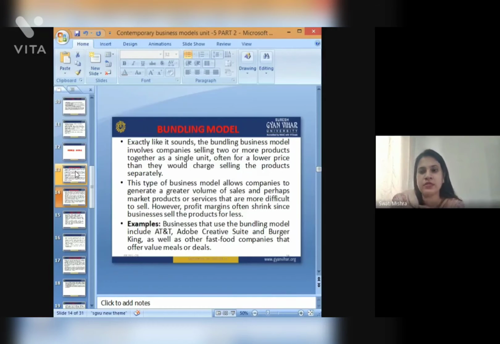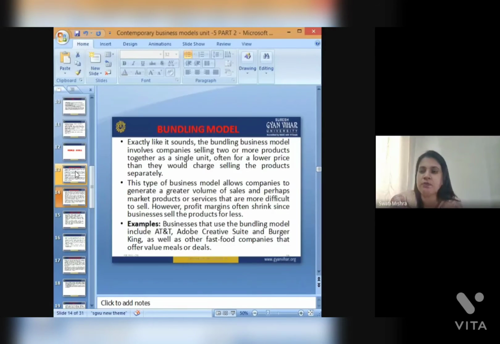Say if you buy a combination of 1 kg tomato, 1 kg onion, 1 kg potato, then you have to pay only 60 rupees, whereas this assortment, if purchased separately, would cost you 75 rupees. So you are saving 15 rupees over that purchase. And for a country of savers like India, it really matters to people like us, and customers are actually delighted by those savings. So this is the bundling model.